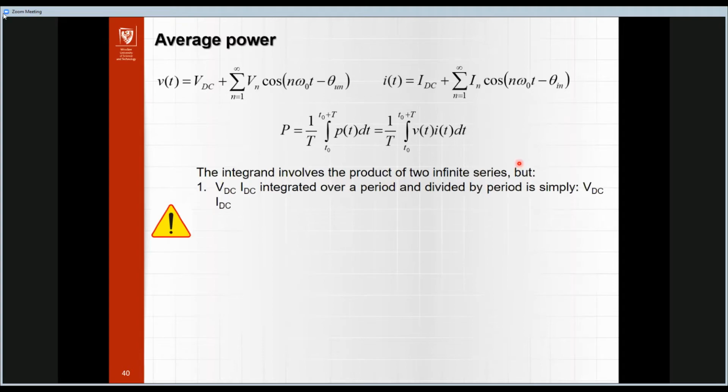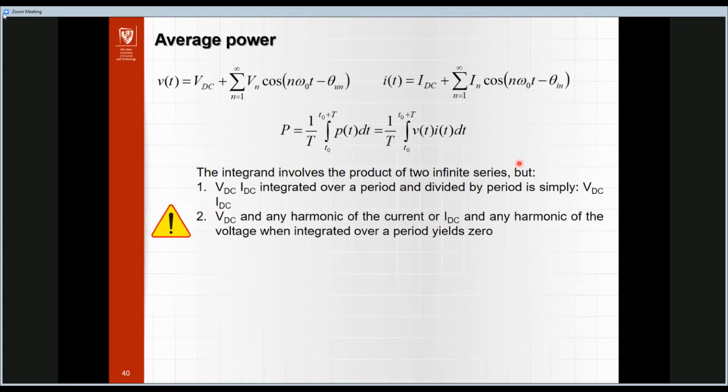VDC and IDC over a period, divided by the period, is simply VDC multiplied by IDC. And VDC with any harmonic of current, or IDC with any harmonic of the voltage, when integrated over a period gives us zero.